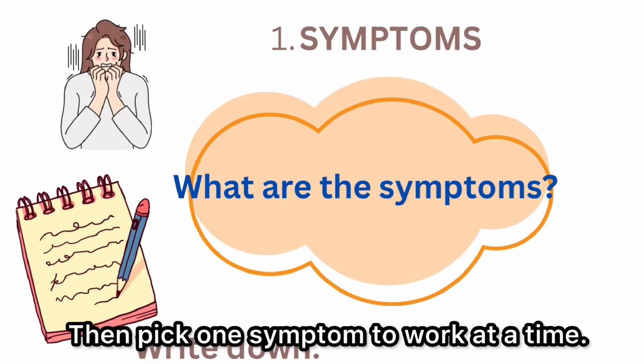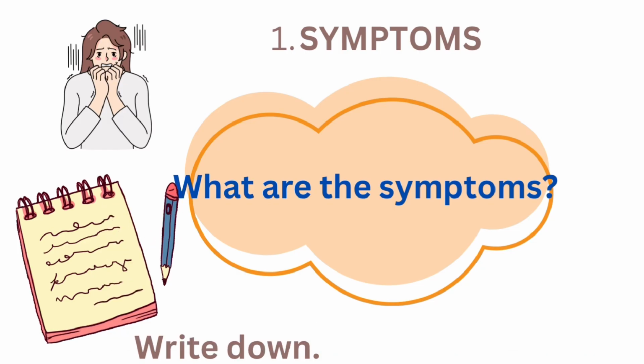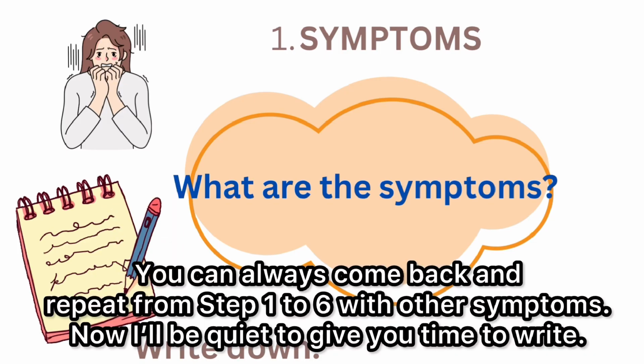Then pick one symptom to work on at a time. You can always come back and repeat from step 1 to 6 with other symptoms. Now I'll be quiet to give you time to write.